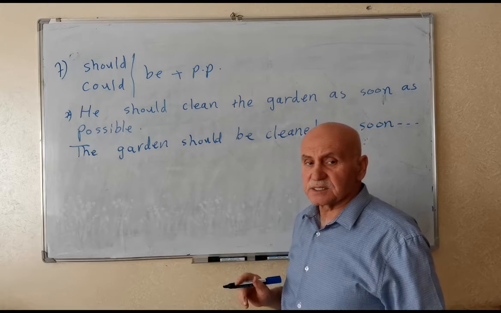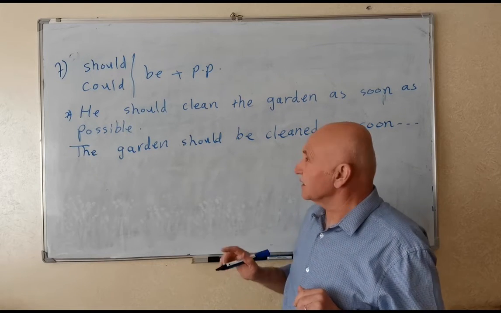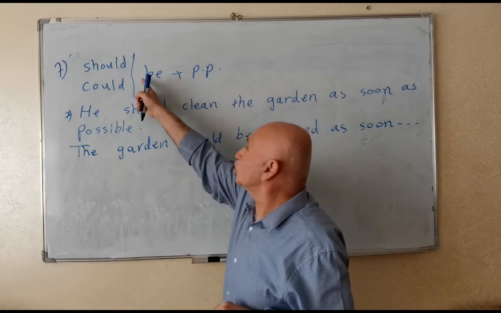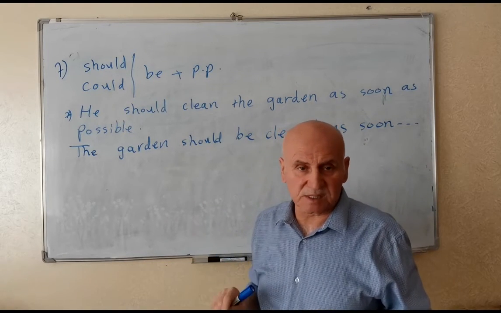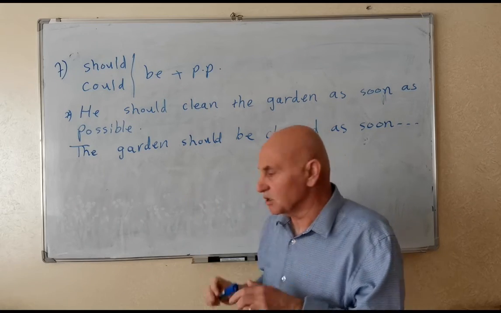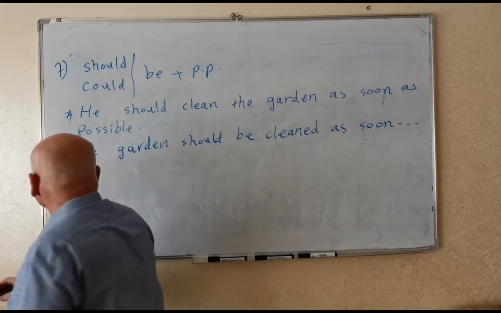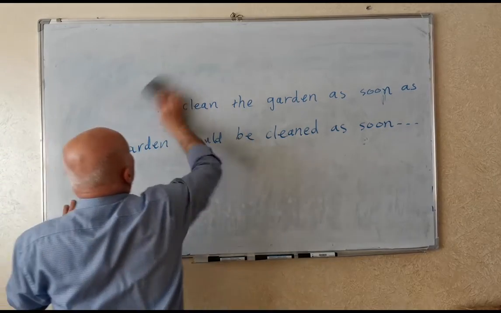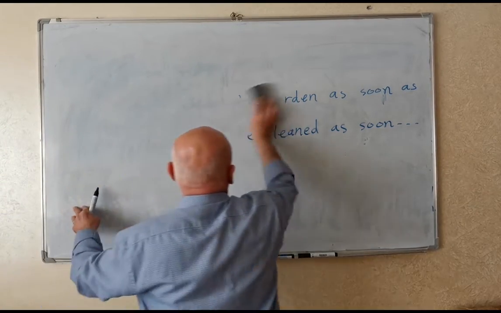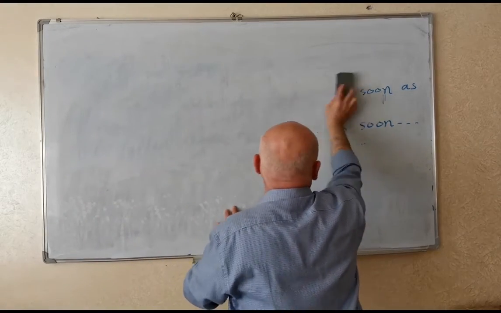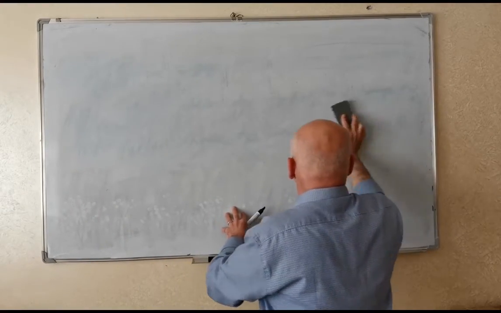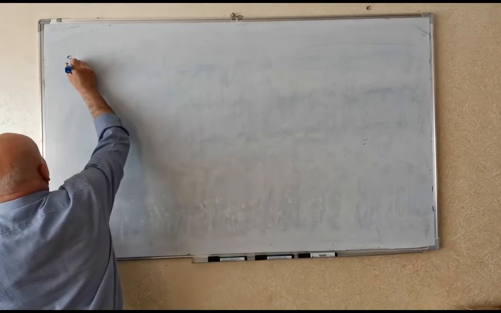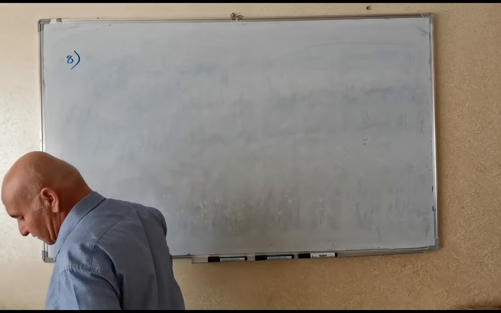Number 8 is about certain verbs that can be used in the passive form, and we have to use to be plus the past participle, not just be. What are these verbs?